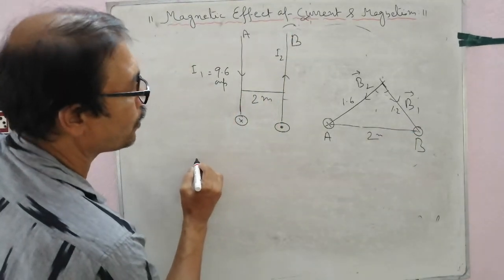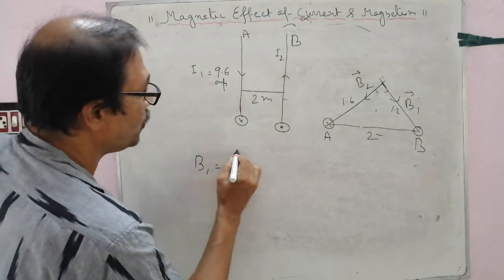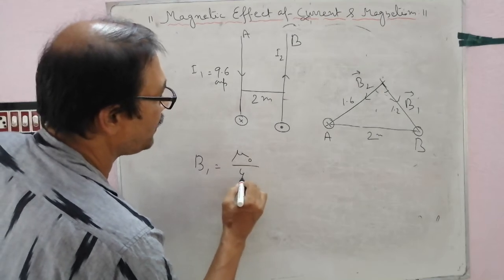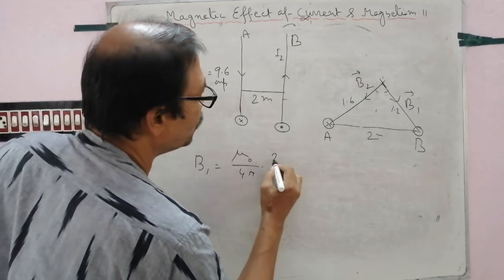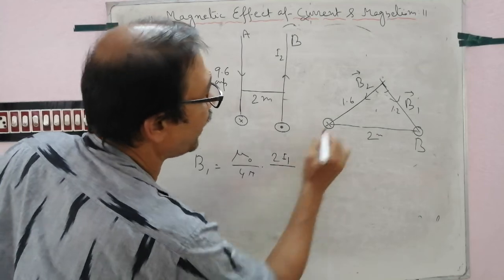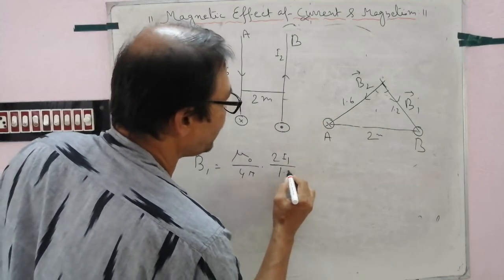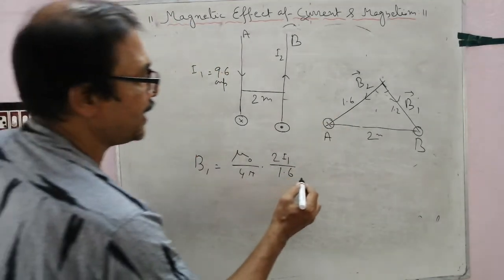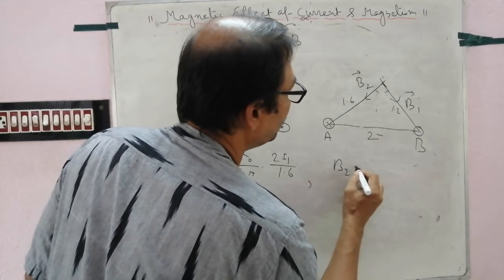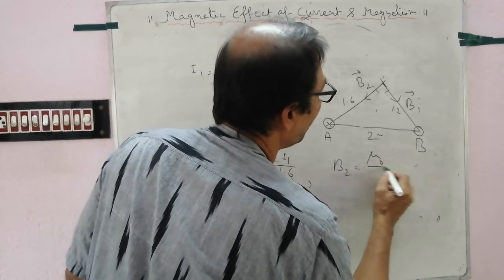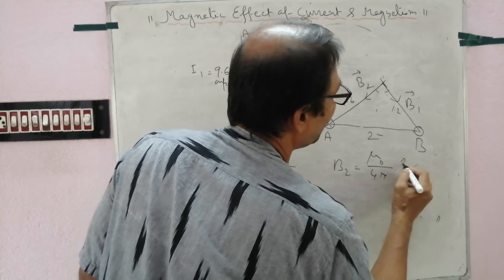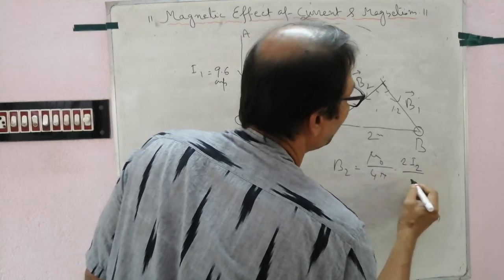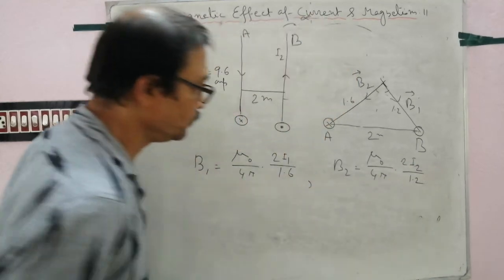So B1 equal to mu naught by 4 pi into 2I1 by 1.6, and B2 equal to mu naught by 4 pi into 2I2 by 1.2.